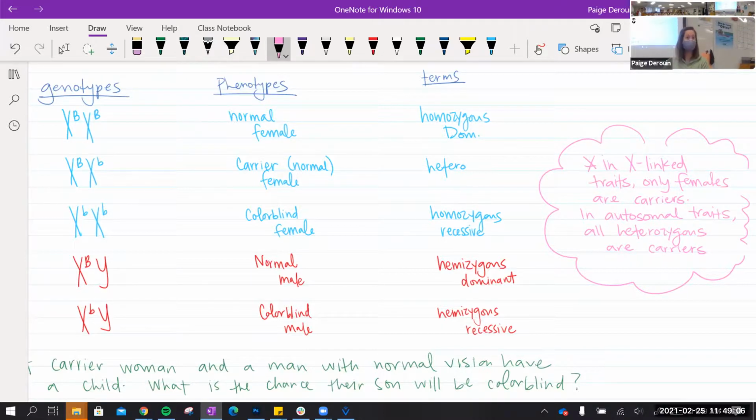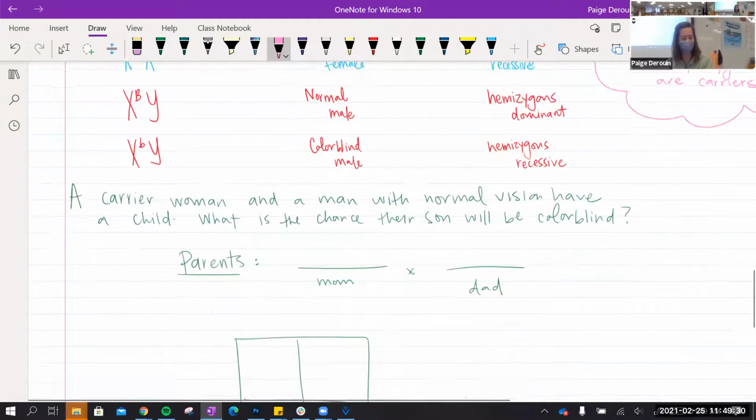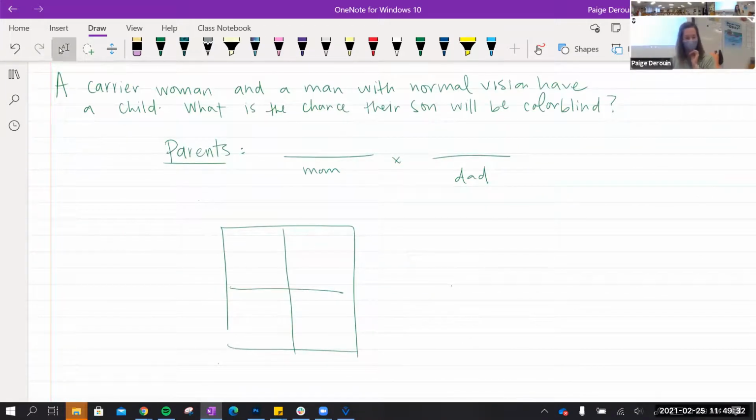They won't be unless they have some sort of chromosomal disorder, because they have two of every other chromosome. Like sickle cell anemia is on chromosome 11. They'll have two copies of that because they have a chromosome 11 from mom, a chromosome 11 from dad. The only time they don't have two of the same chromosome is the X and the Y. Good question. Okay, let's do one practice problem and then I'll let you guys practice on your own.